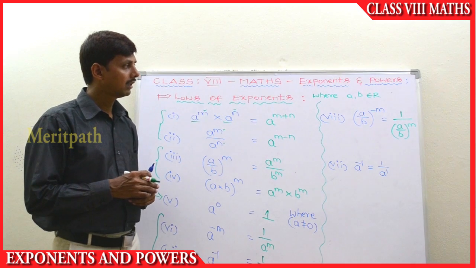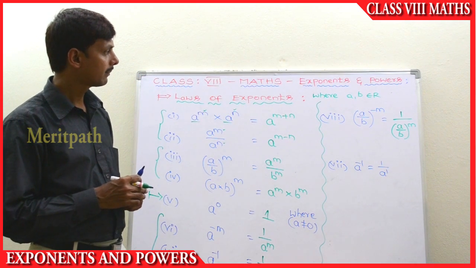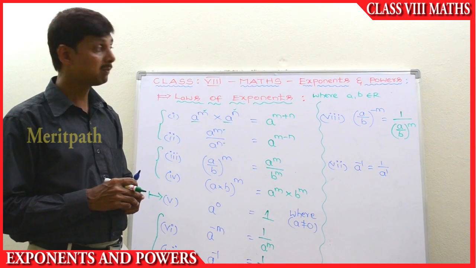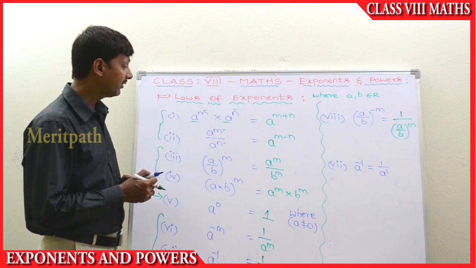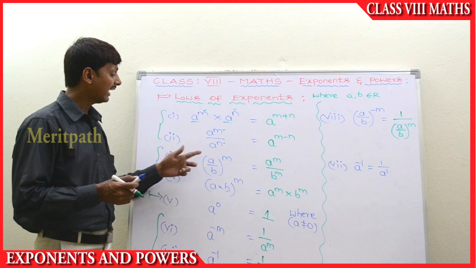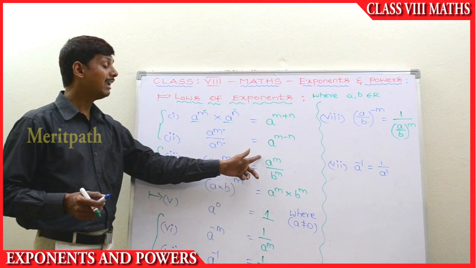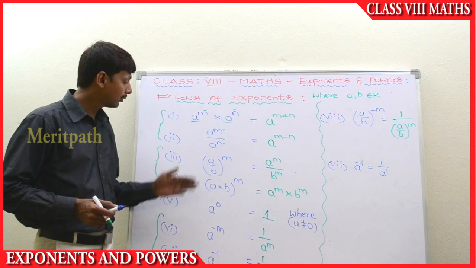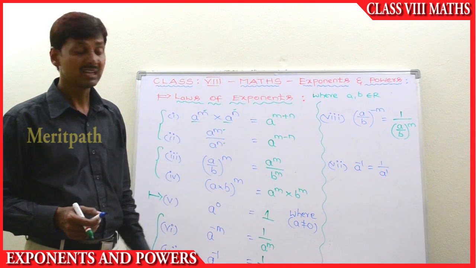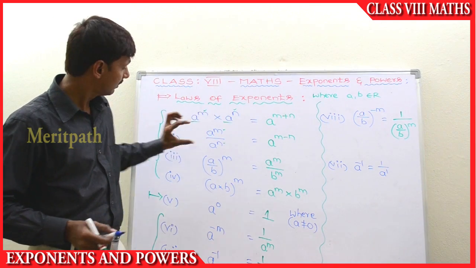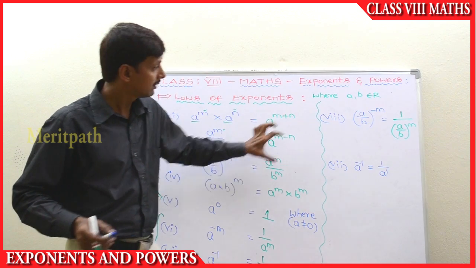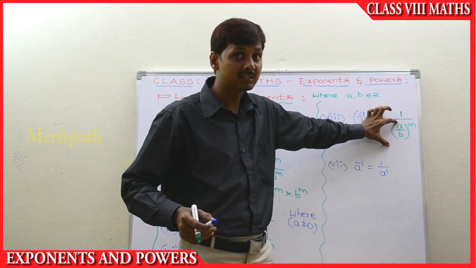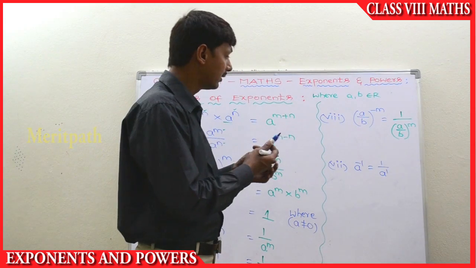So here we can understand that one more rule can be applied for the eighth one. It's not final. If we observe the third one, (a by b) whole power n is a power n by b power n. So we can apply this rule to (a by b) whole power n. So it becomes 1 by (a power n by b power n).